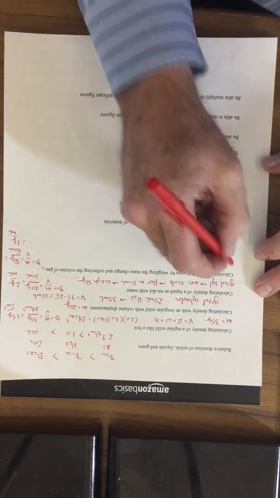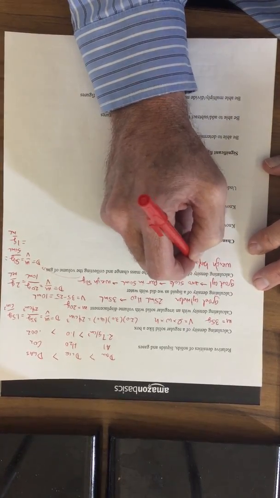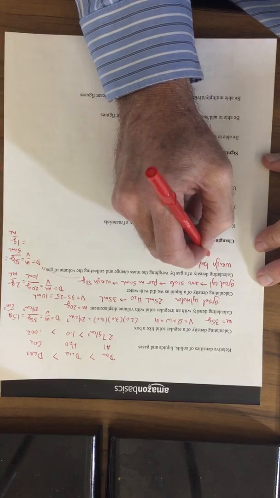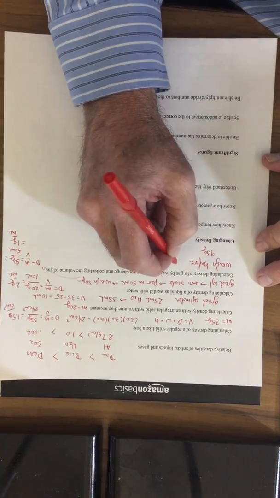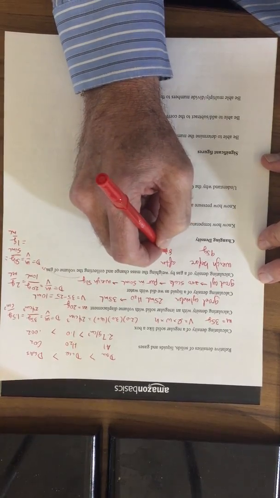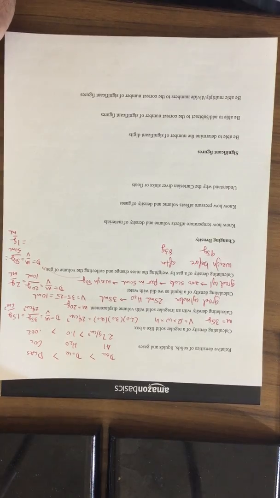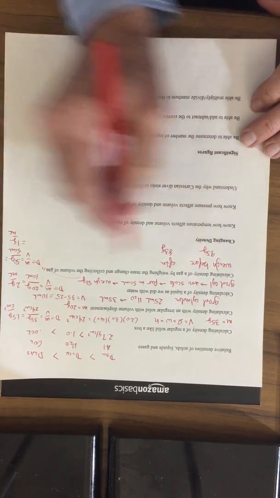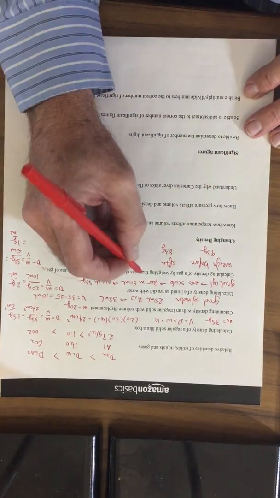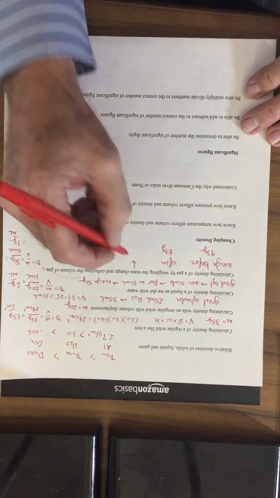So you weigh before and you weigh after. So if you weigh it before and it's 95 grams, and you weigh it after and it's 83 grams, what happened to the mass? It went from 95 to 83. The mass went down. It was an open system, so the mass was allowed to leave.